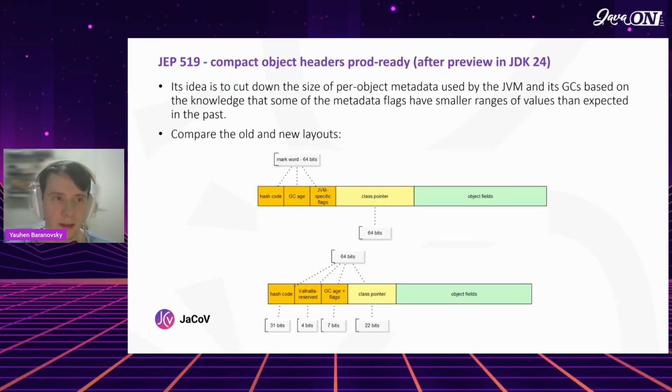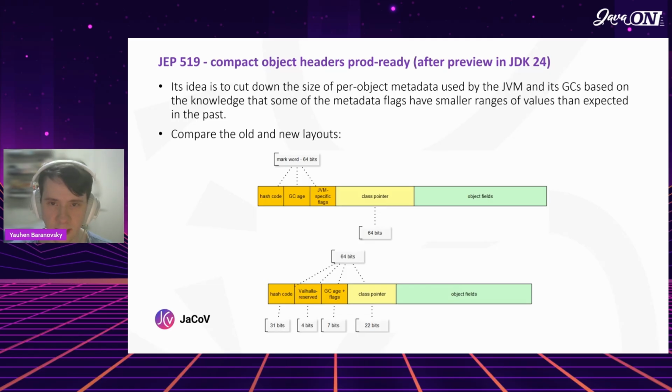But before that, I'd like to mention another performance-related feature. It's related to memory management. That's JEP 519 about compact object headers. Previously, it was in preview. Now it's finalized. From that slide, you can see basically what's the difference.